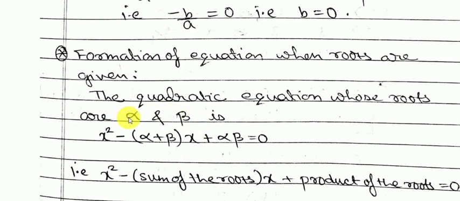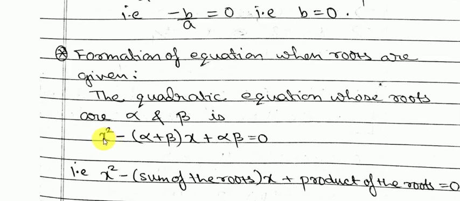So what you have to do is find that quadratic equation. How will you find that? This is the formula. Once you know those roots, you can write the quadratic equation in ax squared plus bx plus c equal to 0 form, and this is how we are going to proceed.